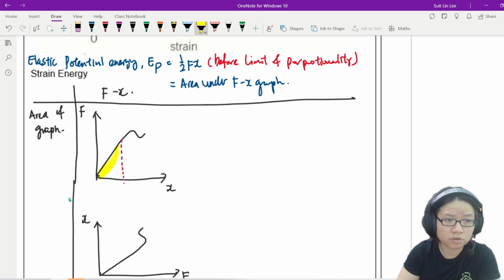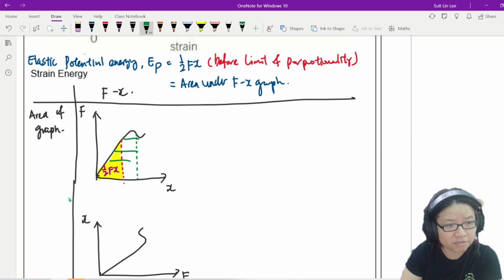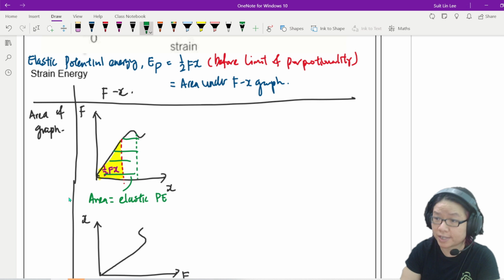Like for this one, if you want to look for this area, it is half Fx. But if you stretch it to this point here, this area is no longer half Fx. Generally speaking, this area is equal to elastic PE, or strain energy.